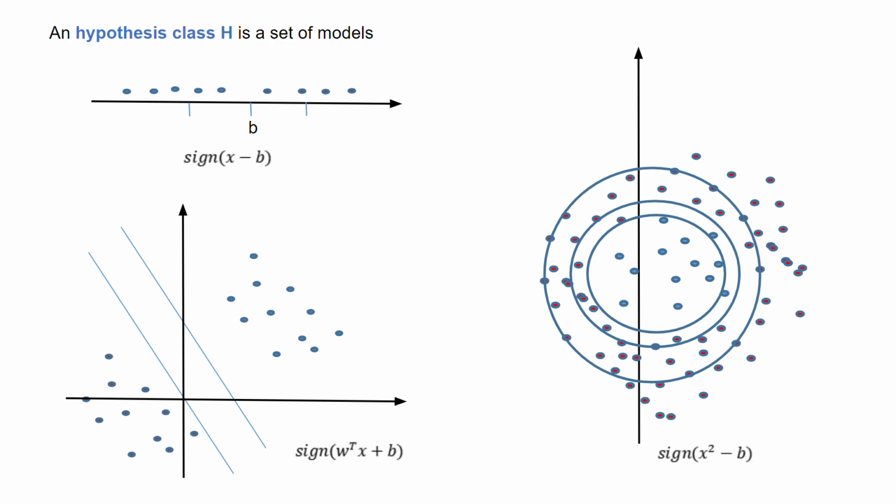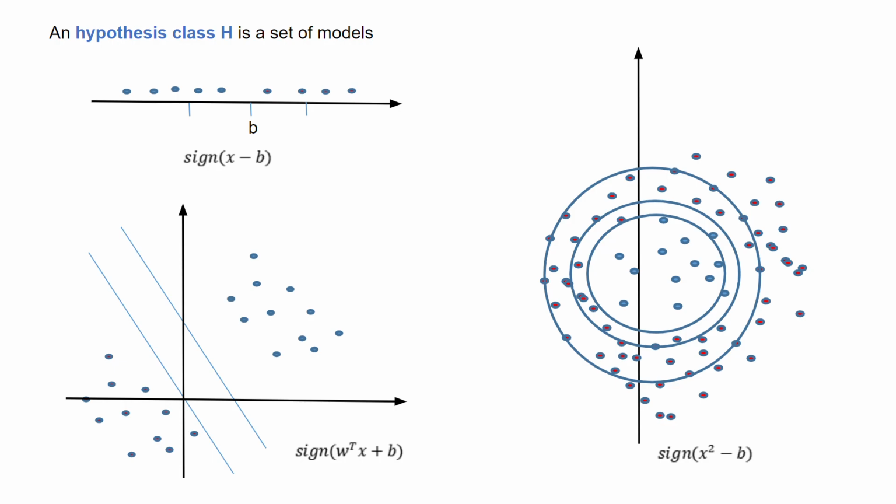So if we consider the hypothesis class of a family of circles, we can separate the blue points from the red ones. The equation for this family becomes x squared minus b, where b can take all ranges of values. If we take the sign of this function, all the points that are away from the circle are red, and all the points inside the circle are the blue points.